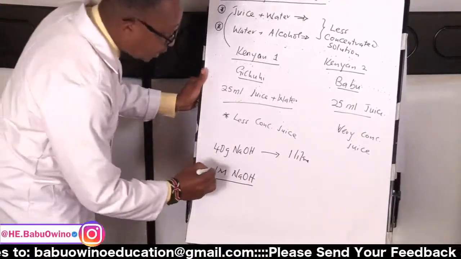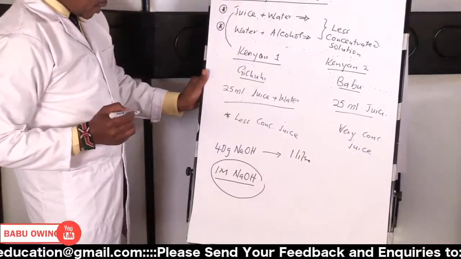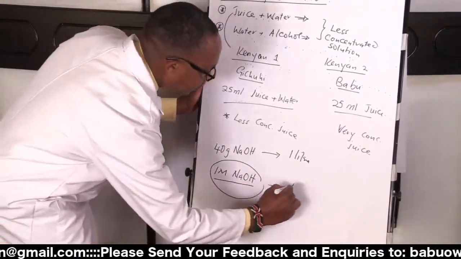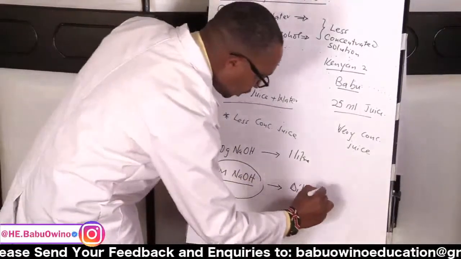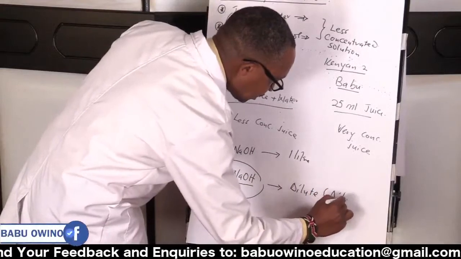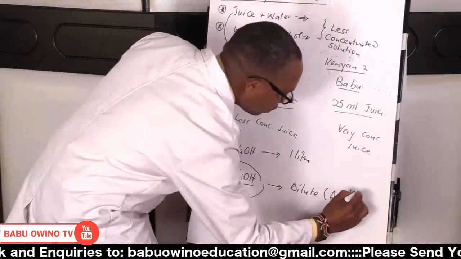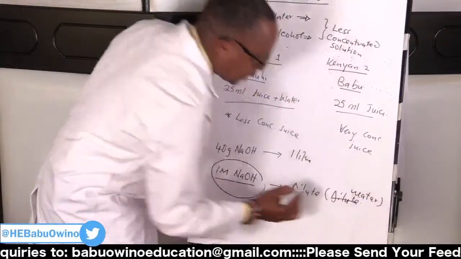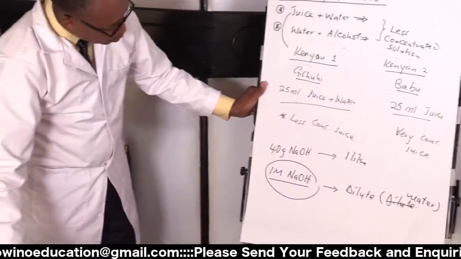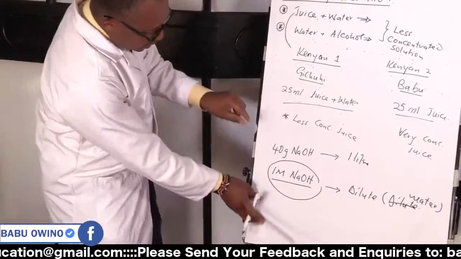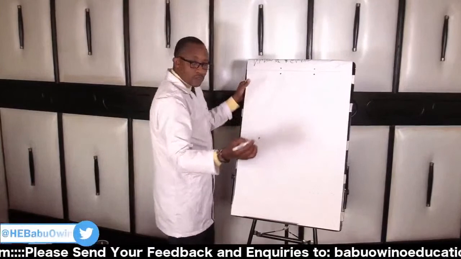But now from here we can dilute this. How do we dilute this one? We simply dilute by adding water, just like in the case of the juice that I've taken and the juice that will be taken by Babu. Let us see the mathematics that goes along with that.